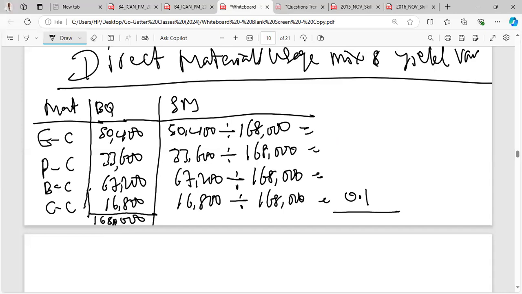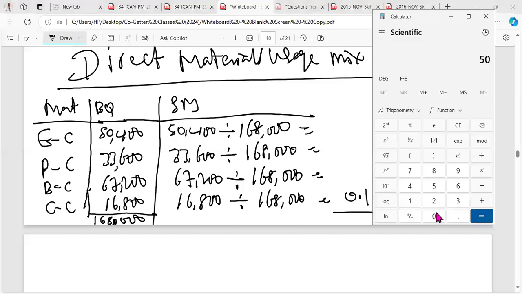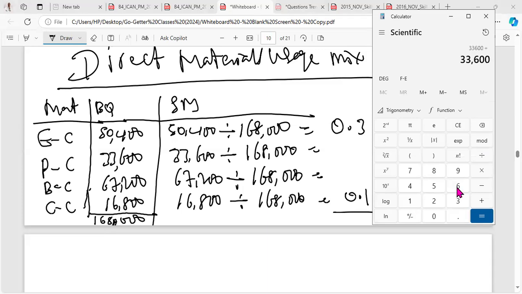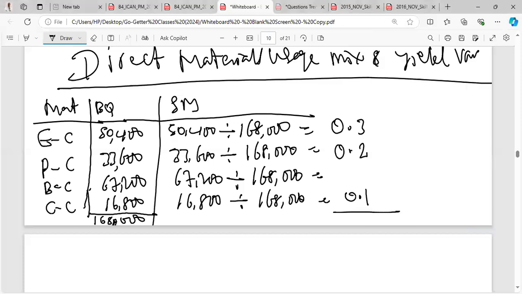So let's do them. 5,400 divided by 168,000 gives you 0.3. The next one, 33,600 divided by 168,000, is 0.2. The other one should be 0.4.